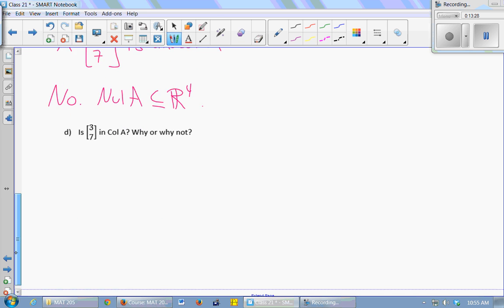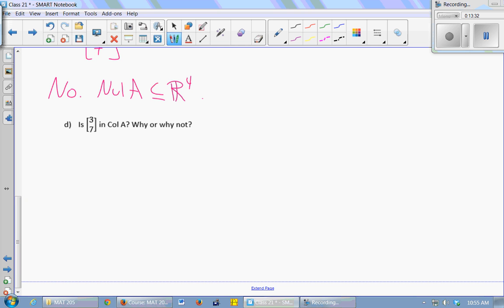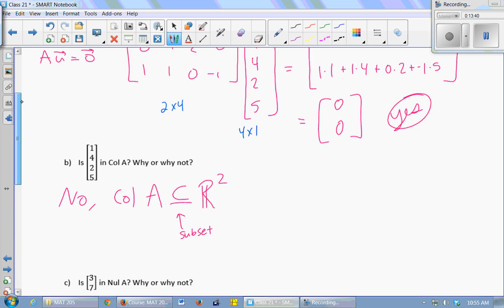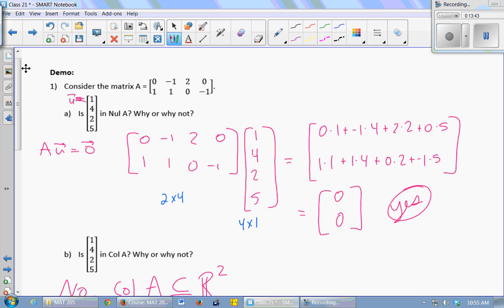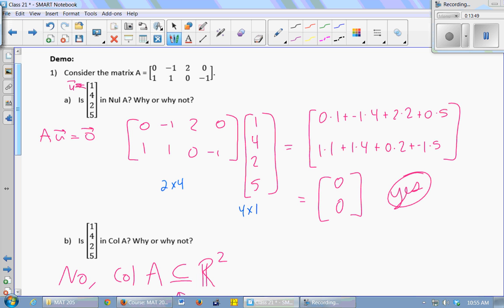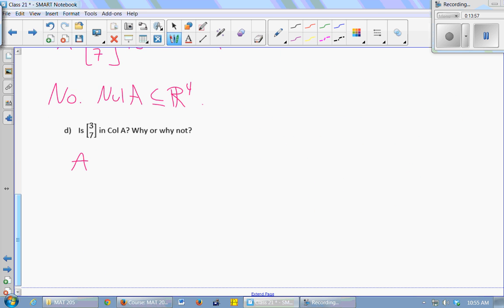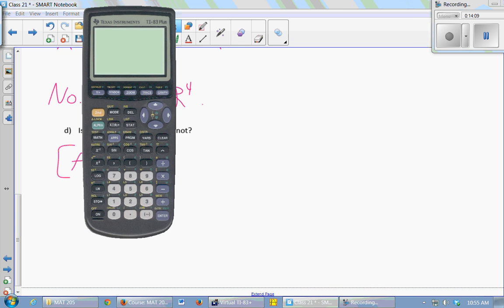Is 3, 7 in the column space of A? Maybe. How do we figure it out? Row reduce an augmented matrix. I want to know, can 3, 7 be written as a linear combination of those 4 vectors? So I could write a vector equation, just throw some weights on those columns, set it equal to 3, 7, but that would be equivalent to an augmented matrix that I could just row reduce. So I would do A augmented with 3, 7, and let's go ahead and do that on my calculator.